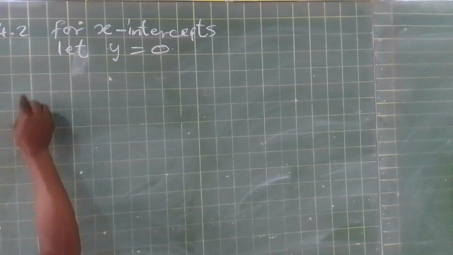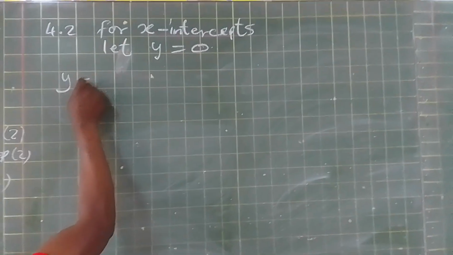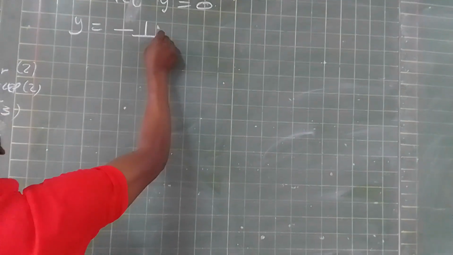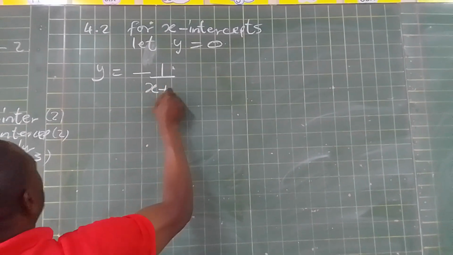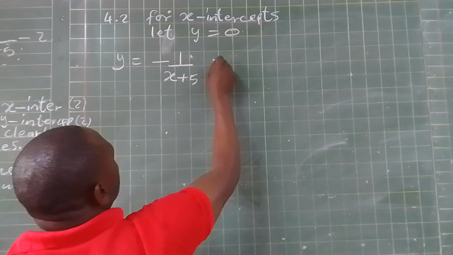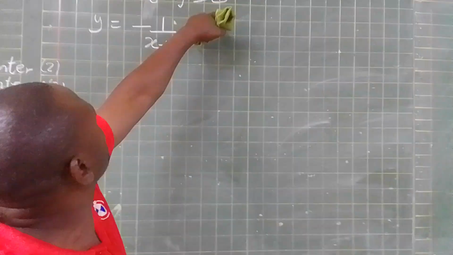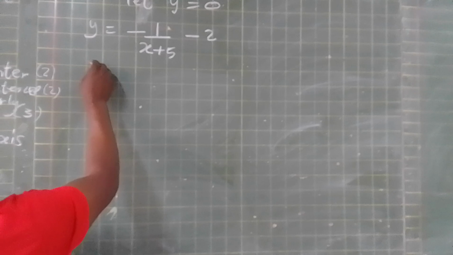Now we check the function f at x, the same as y is equal to minus 1 over x plus 5 minus 2. Now for x-intercept, we let y to be 0. We put a 0 here.